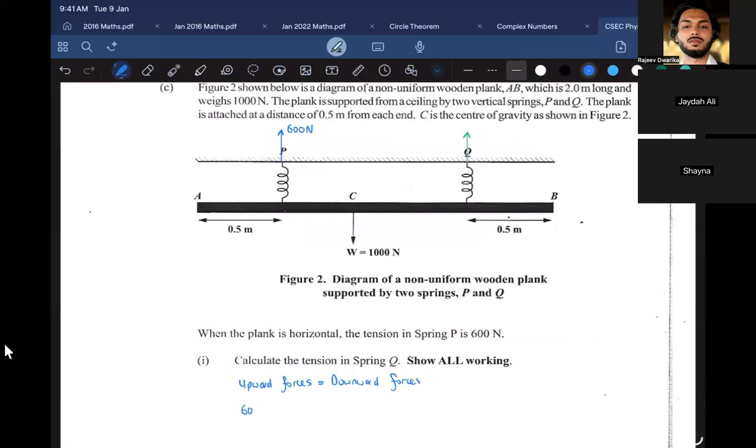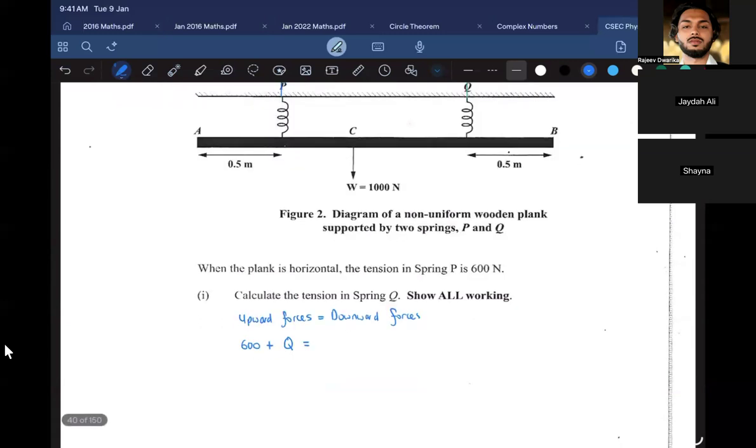So I'm going to say 600 plus Q. Right? Plus Q. And what's the only downward force we have? C, which is 1,000 newtons. Right.